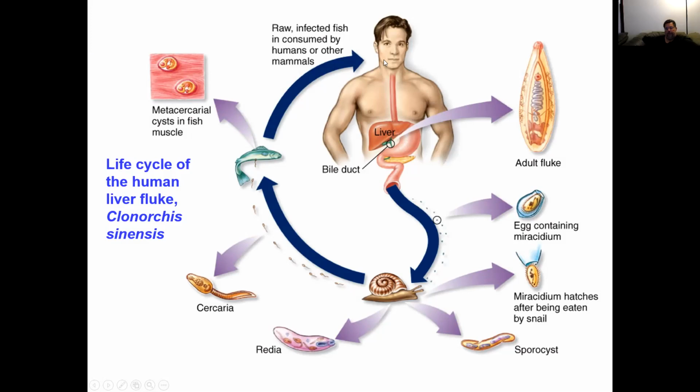That's what the human has eaten in this particular picture. He's eaten raw fish, breaking open the muscle, and the metacercarial cyst encounters the digestive system. Once it gets into the body, it opens up as an adult fluke and will live on its liver or some other organ. And so here we see the adult fluke.